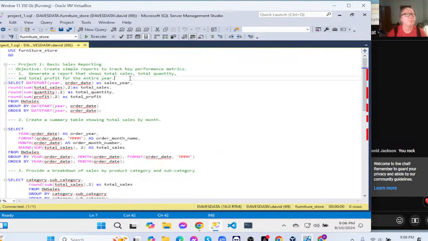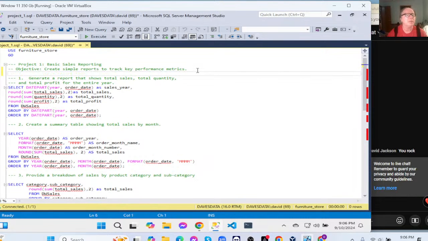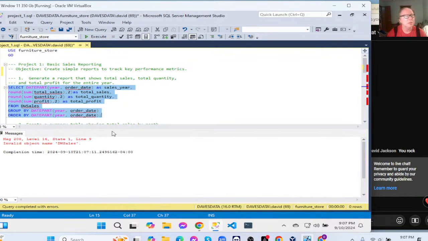And so let's take a quick look again at Project 1, just to get a quick picture of what's really going on here, okay? So requirement 1 was generate a report that shows total sales, total quantity, total profit for the entire year.